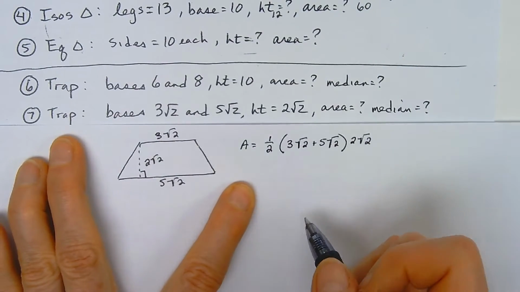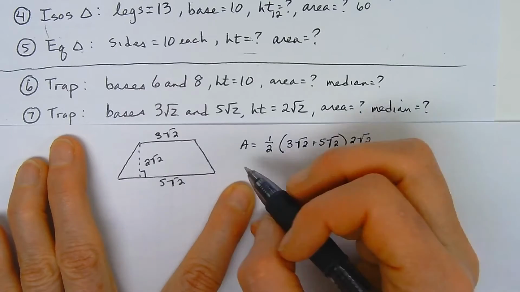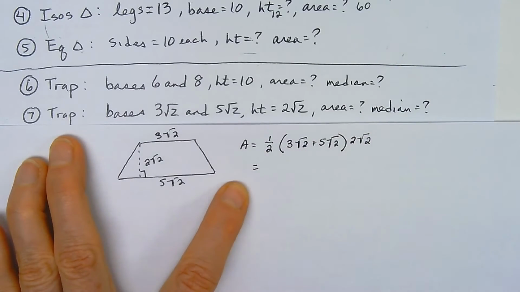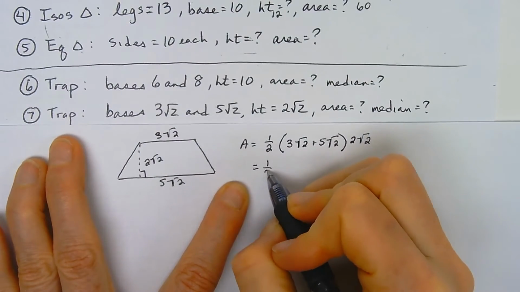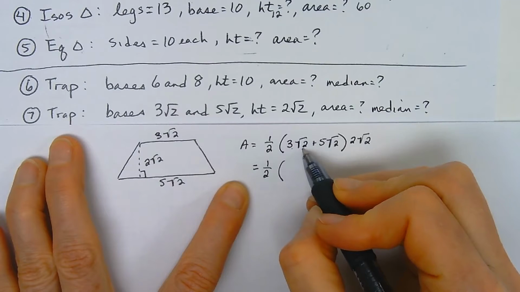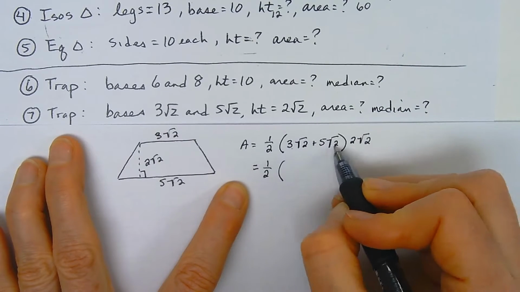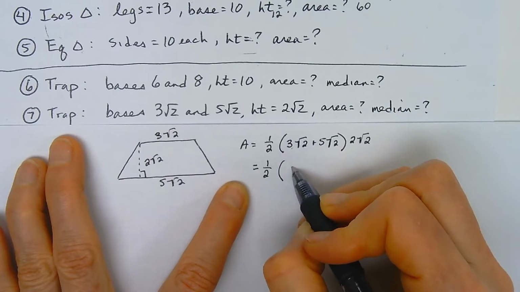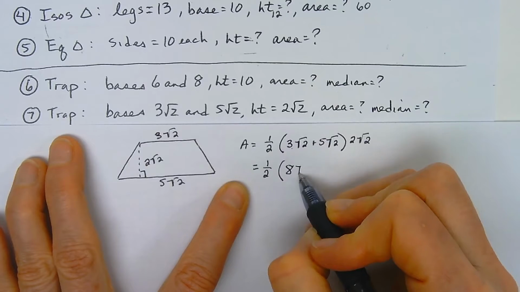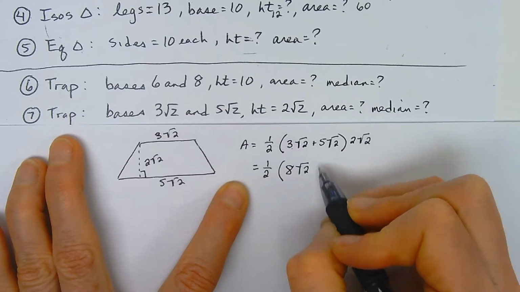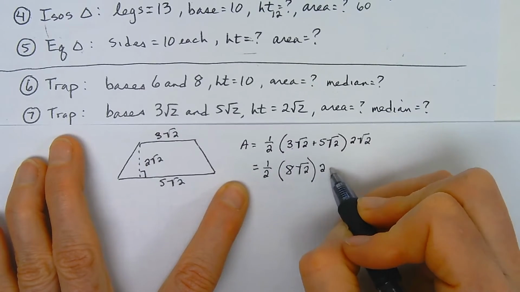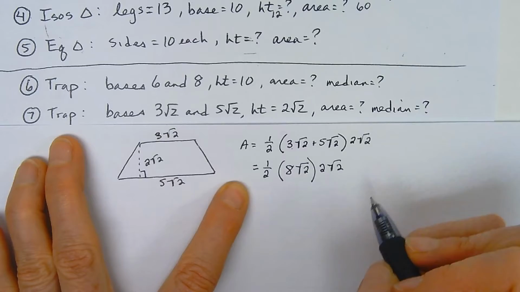There's a lot of radicals in there, but they don't have to be that complicated if we just do it step by step. We'll leave the 1/2. 3 rad 2 plus 5 rad 2, those are like radicals, so we add the two numbers on the outside, 8, and we are left with 8 rad 2, and that's still times 2 rad 2.